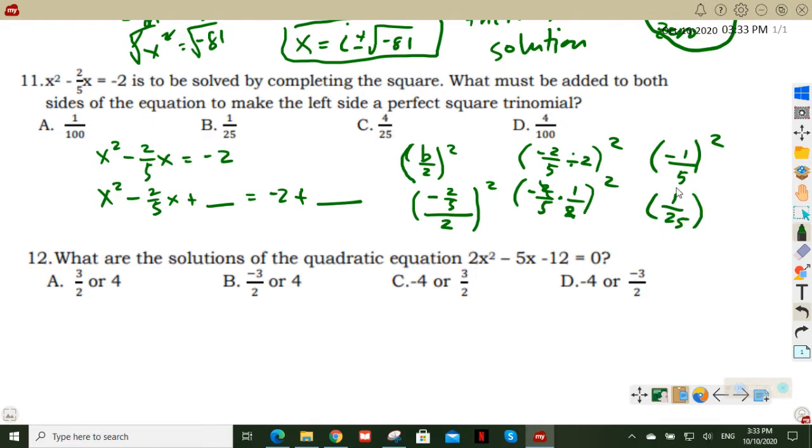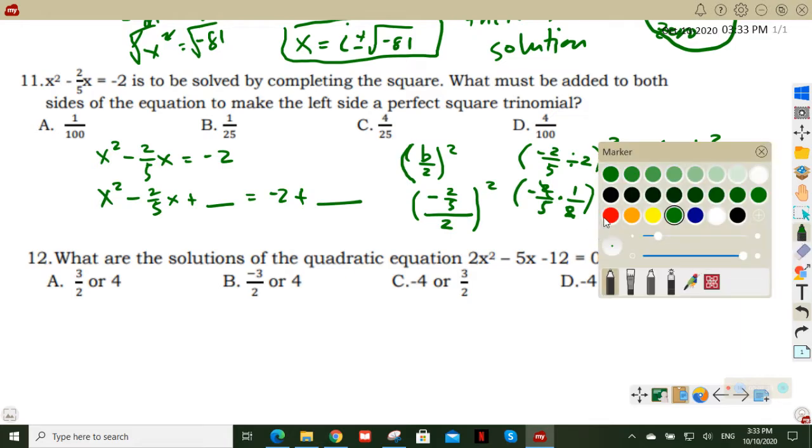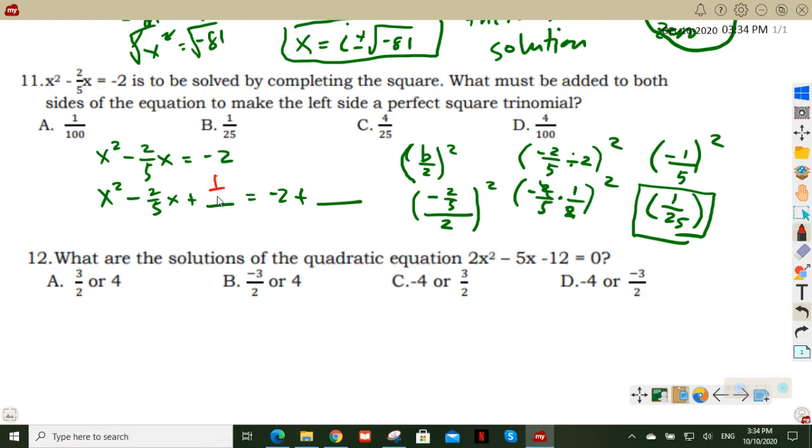So this is the number that you have to add here: 1 over 25 and 1 over 25. So that's letter B. Okay.